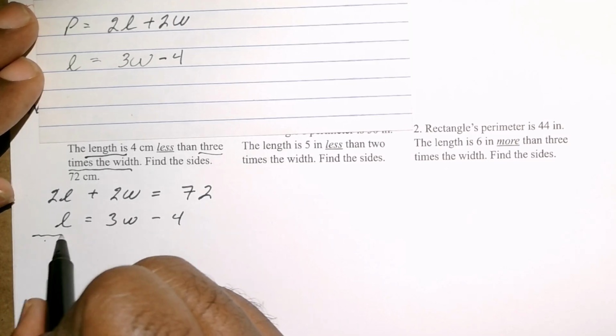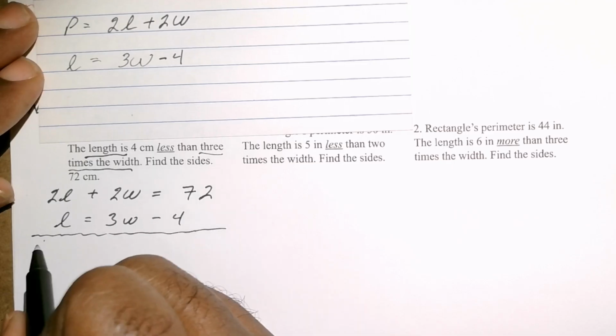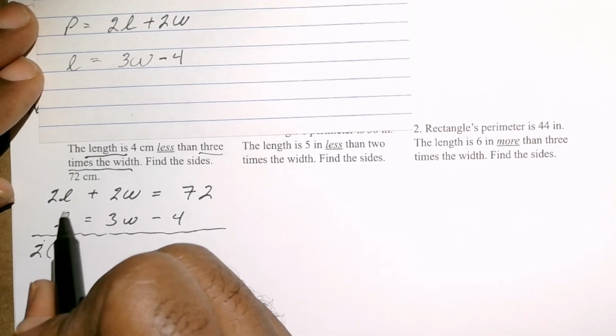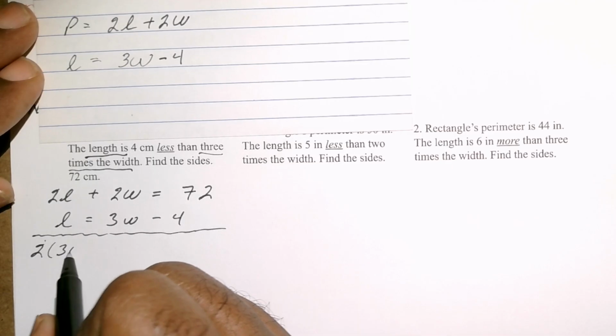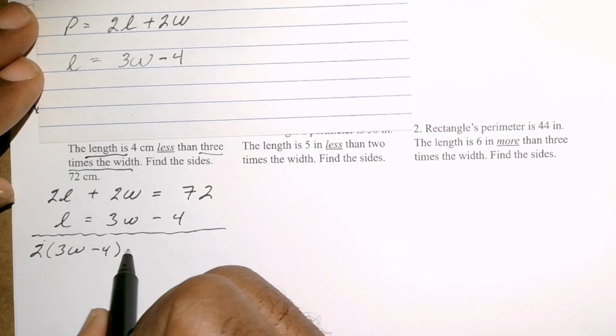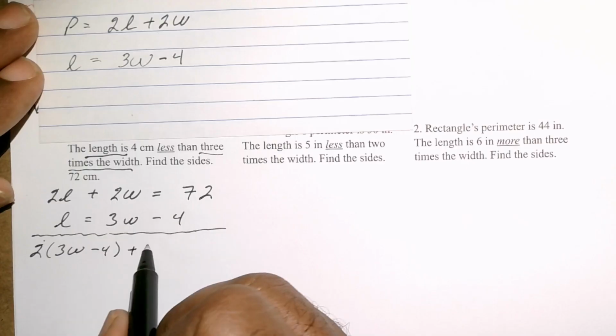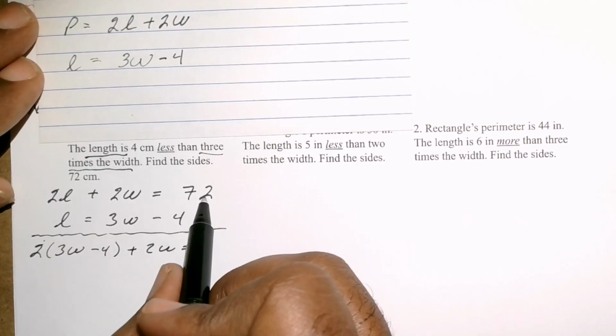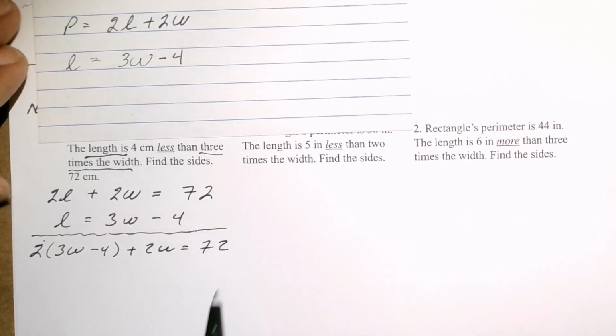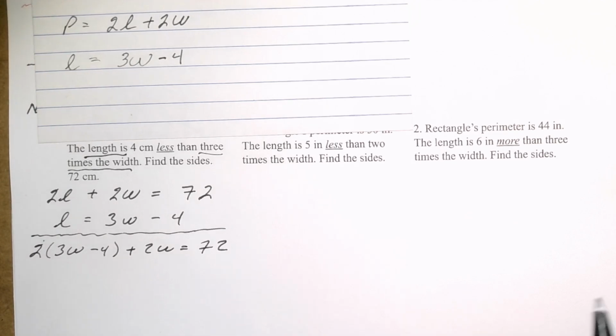So let's put a little separation here. So this will become 2 instead of L, 3W minus 4, then plus 2W, and that'll equal 72. Okay. Next, we want to distribute this 2 here across this quantity.